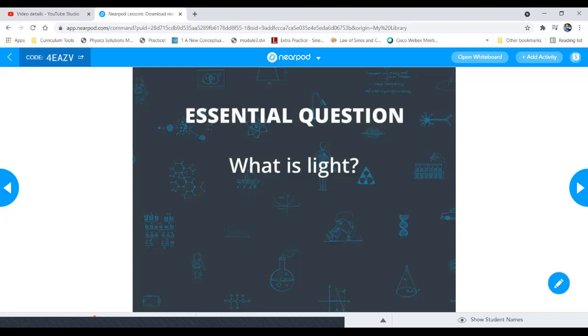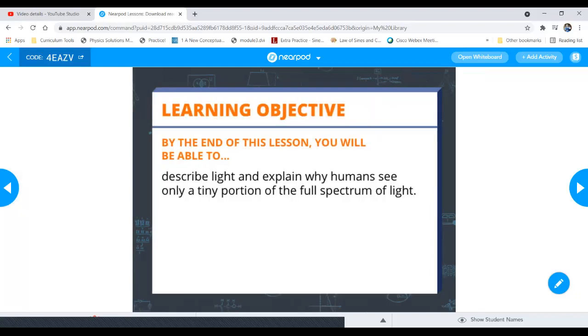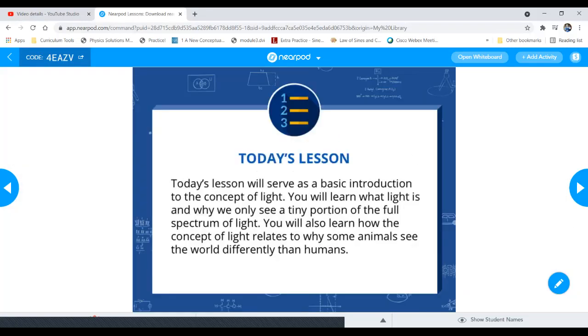I just need to know where we start. So hopefully by the end of this, you will be able to describe light and explain why we only see such a tiny portion of it. Today I want this to serve as an introduction to both light and vision.